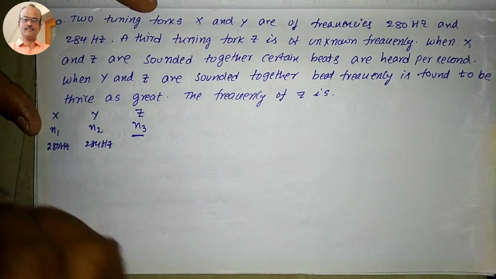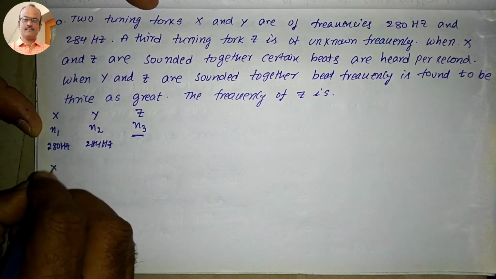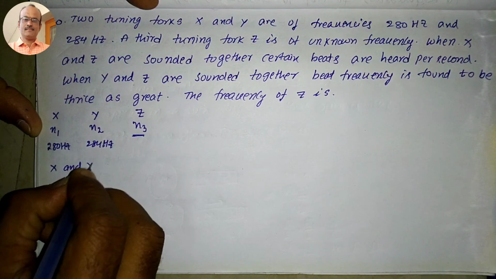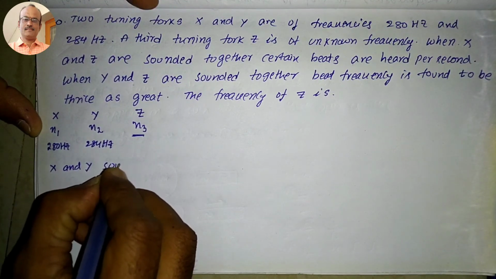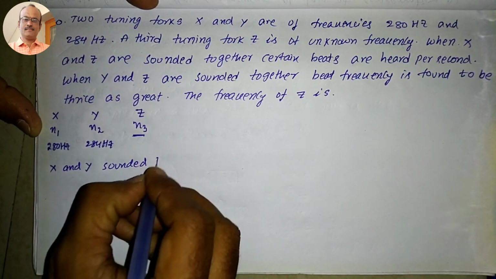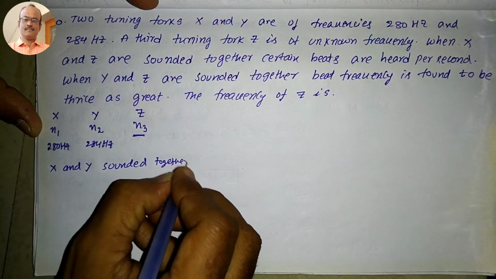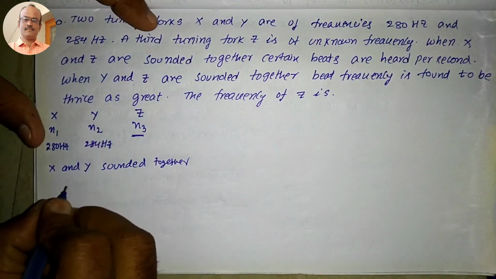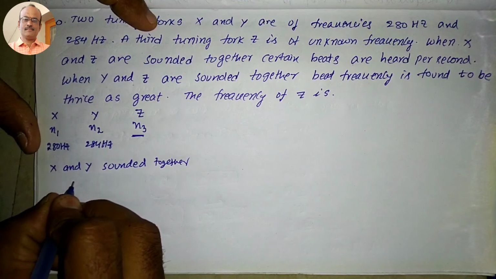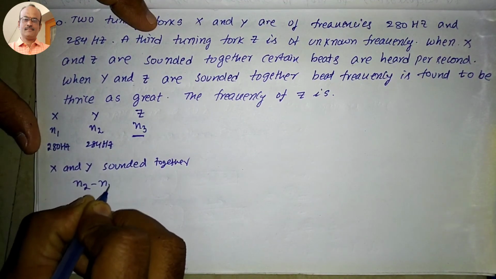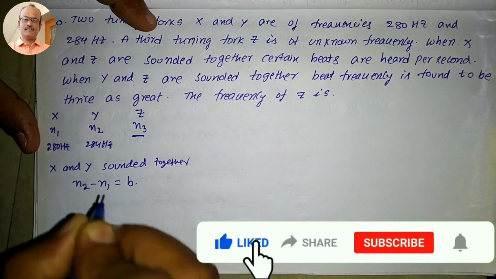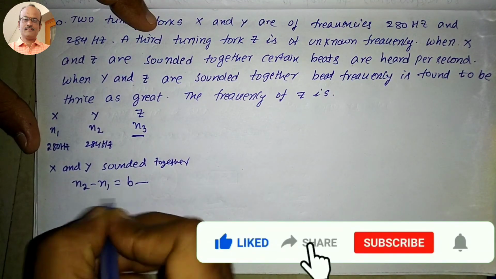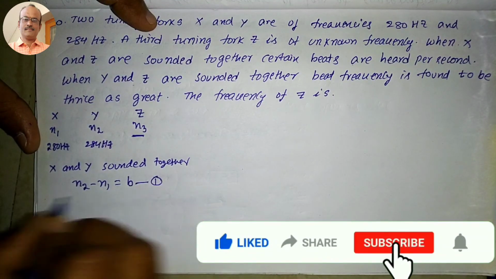Then here, first of all, X and Y tuning forks are sounded together, certain beats per second. That means N2 minus N1 is equal to B. Let us consider B is that certain frequency. I will take this one as 1.